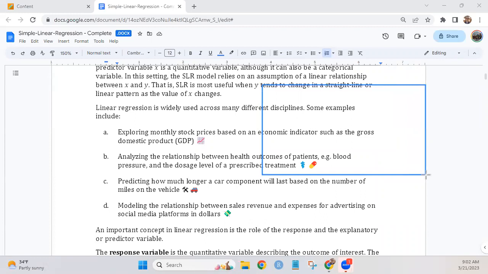Okay, so we've got our scatter plot here, and then we said x was the GDP. And then we said y was the stock price.